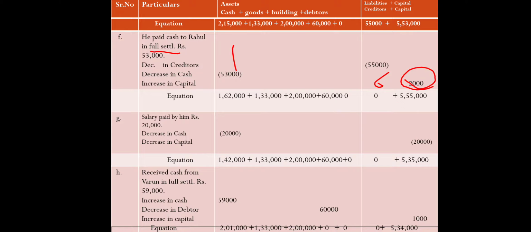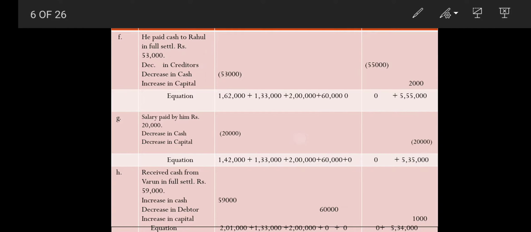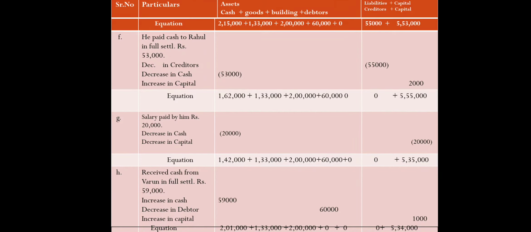We paid salary of 20,000. Very simply, we reduce 20,000 cash, and at the same time it is an expense. Expenses always have what effect? Yes, correct: expenses always decrease the capital. So we are decreasing the capital at the same time.